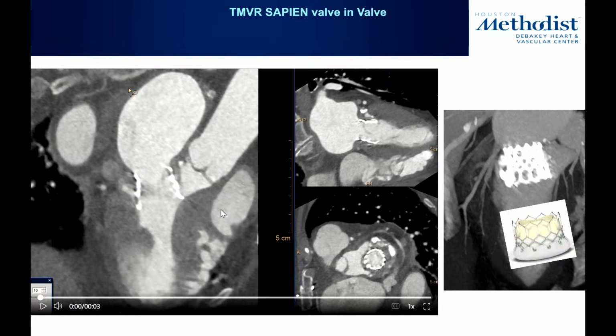If you cut through this LVOT plane, you can see right here, somewhere in between, outside this plane, there's plenty of room in the LVOT. Therefore, even if you see in one view complete obstruction of the LVOT, it doesn't mean physiologically the patient will have LVOT obstruction.